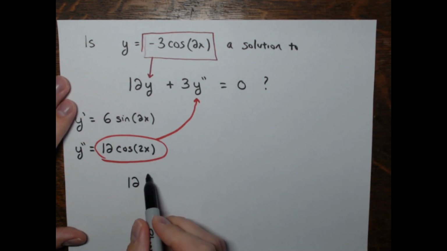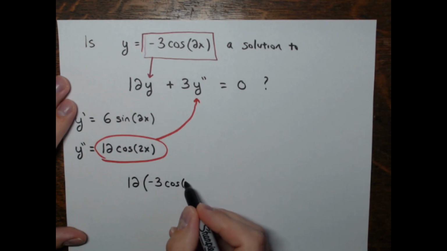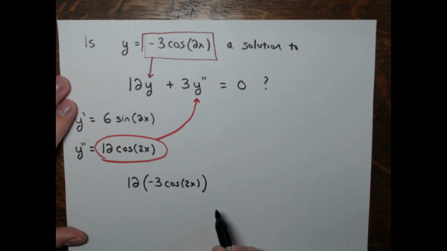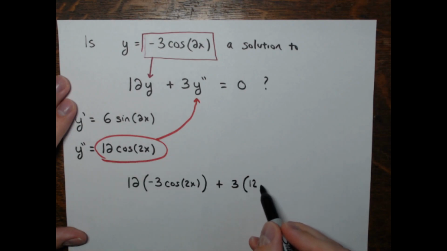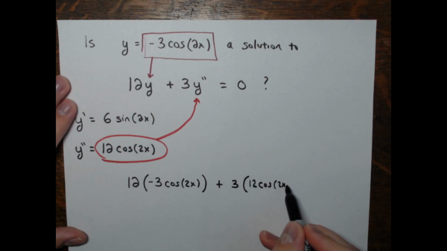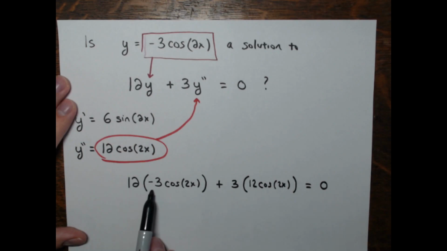So we got 12 times y, 12 times -3 times the cosine of 2x, and then plus 3 times y double prime, 3 times 12 times the cosine of 2x. And is this equal to 0? Absolutely. Look at this, you got -36 cosine 2x plus 36 cosine 2x.